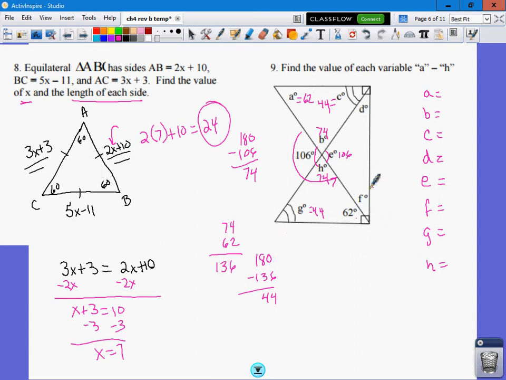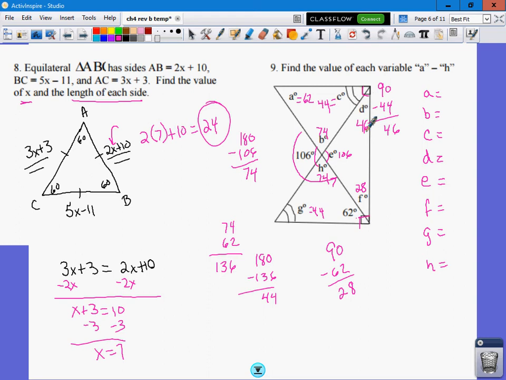If I come down to this corner then, I would notice that this was 90 degrees. I've used up 62 of them, so this would be 28. And there's two different ways that I could find D. I noticed this 90-degree angle, and I subtracted 44 from it, which would give me 46 degrees.